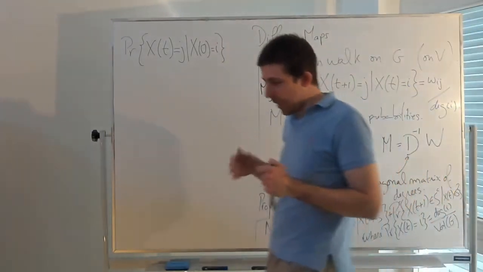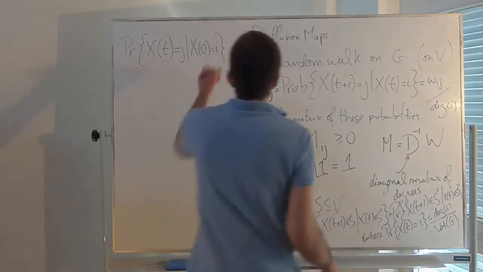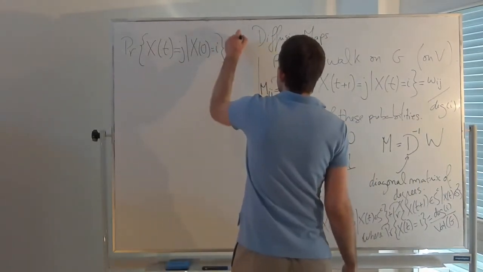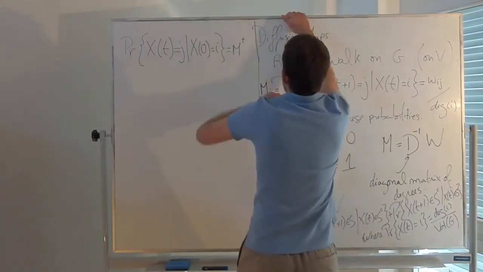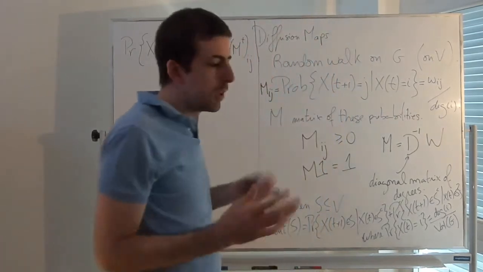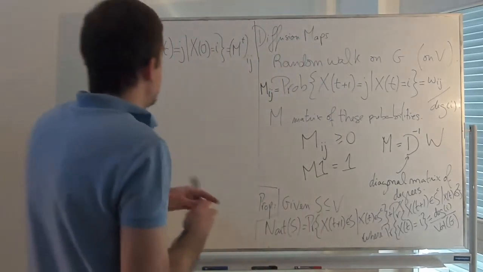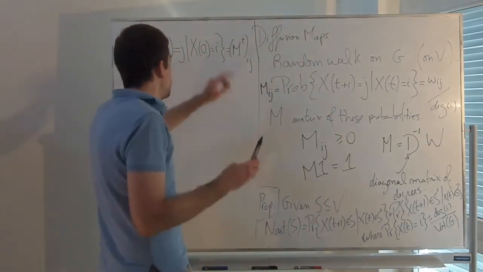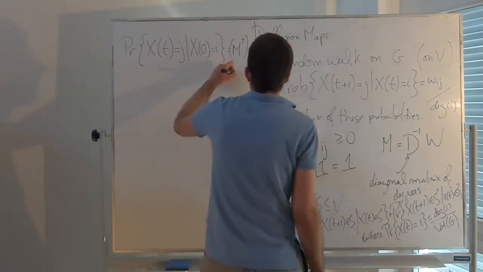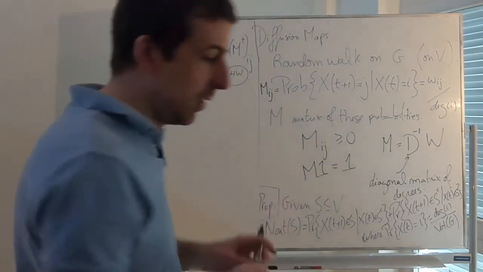For 2 steps it would be M squared, and if you just continue doing this for t steps, this is just M to the t, entry ij. So this is a basic fact on Markov chains. If you have not seen Markov chains, I recommend you just work this out as a homework problem. This is a very nice set of calculations.